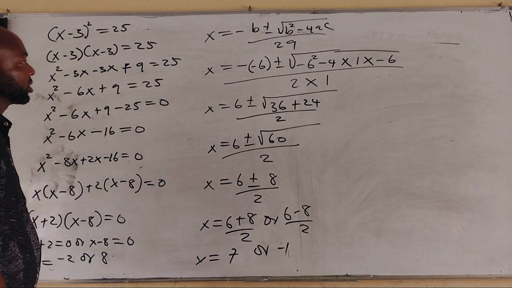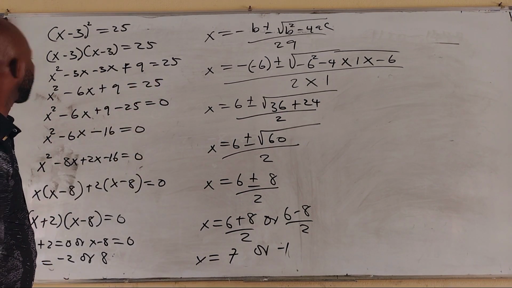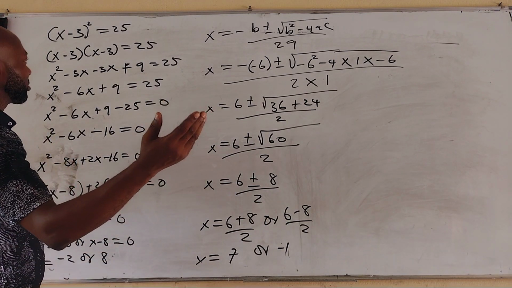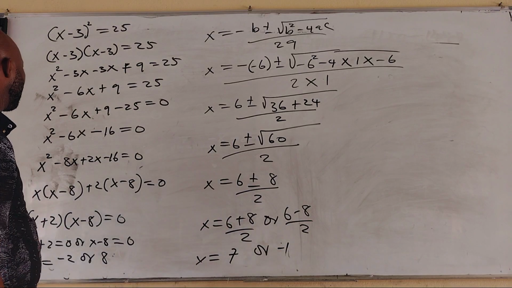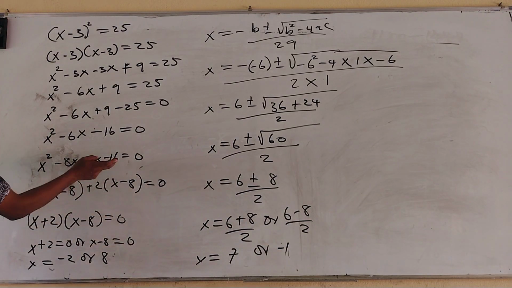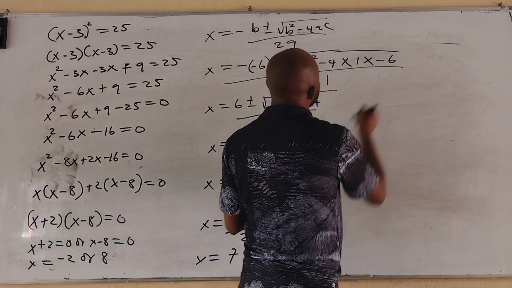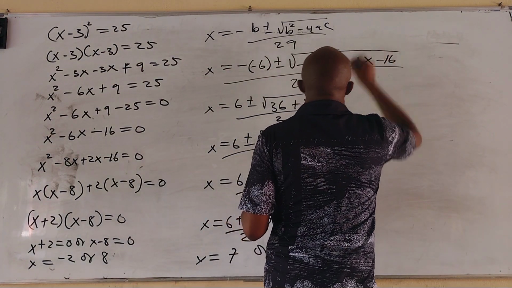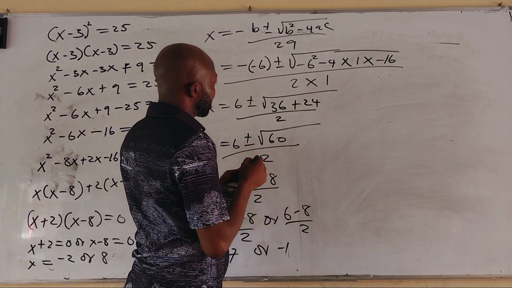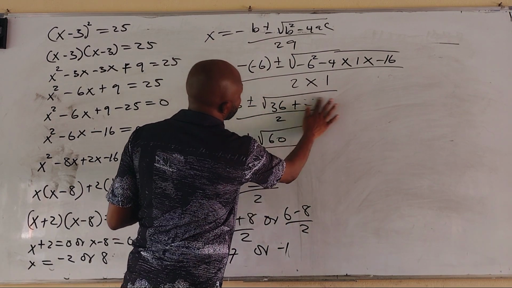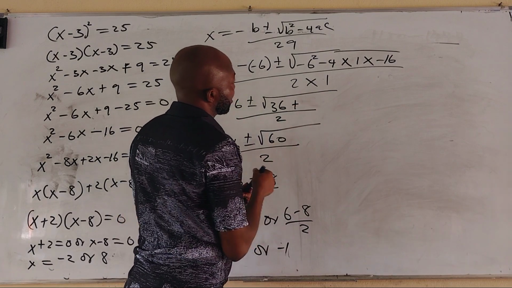Maybe there is a mistake the other way around. Minus 4 times 1 times 16. I will be using 6 all the while. That's crazy. 16.